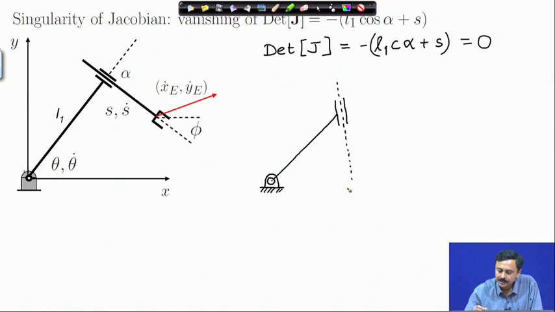Now, the question is, where is this determinant vanishing, for what value of s? You can see that in the determinant you have only s; L1 and alpha are constants.